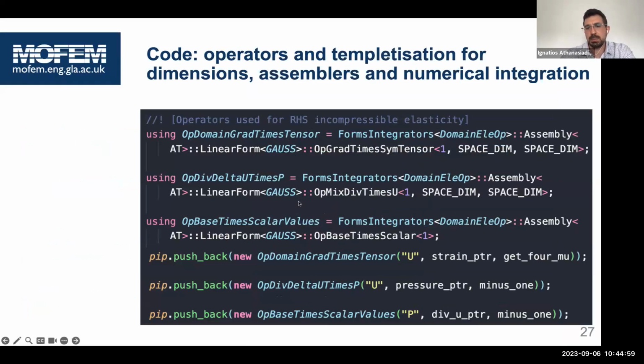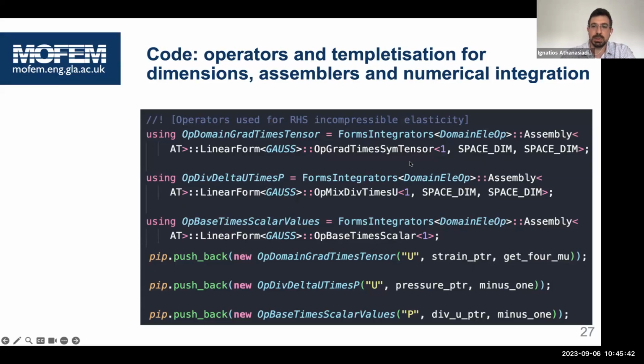And finally, I'm not going to discuss a lot about this, but what I want to say is that in order to evaluate linear and bilinear forms, we have developed a set of templatized operators, where we just give the name of the field and some values that are evaluated at the Gauss points, and they are templatized in order to be able to choose at the compilation time the dimension of our problem, or even the assembly that we would like to have, or even the numerical integration.